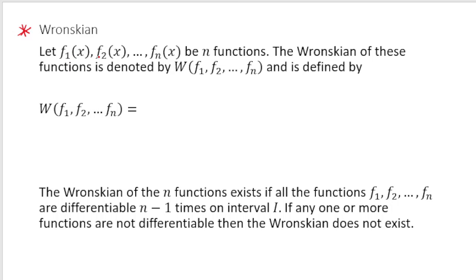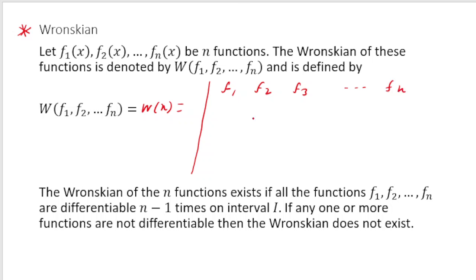Let f1(x), f2(x), ..., fn(x) be n functions, like we have taken in the previous slide. How do we define the Wronskian of these functions? If I call it W(x), it is defined as a determinant. In the first row, we take all these functions, f1, f2, f3 up to fn.